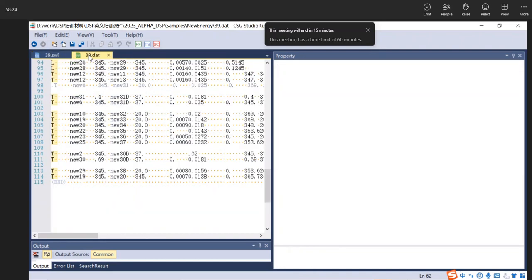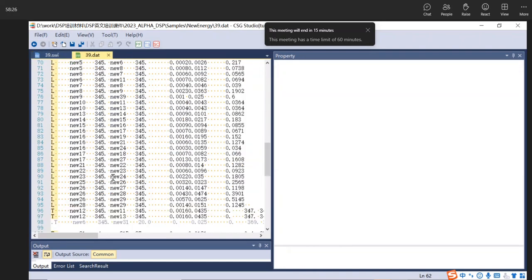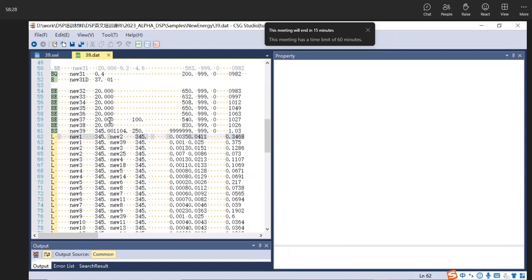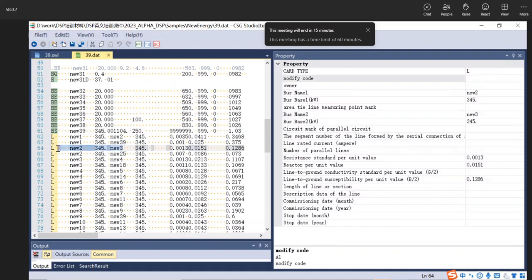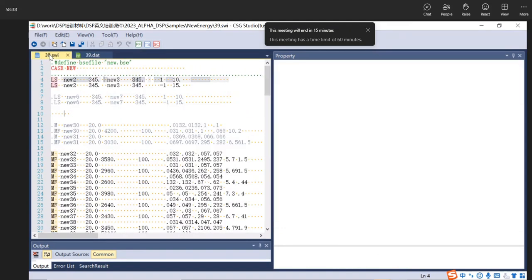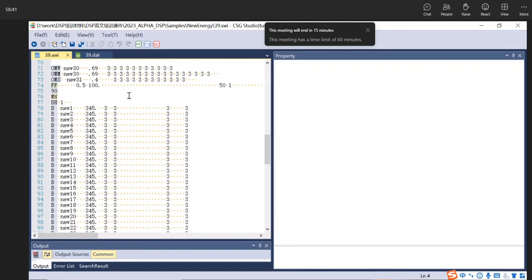The line is this line, yes, this line, new 2 and new 3.